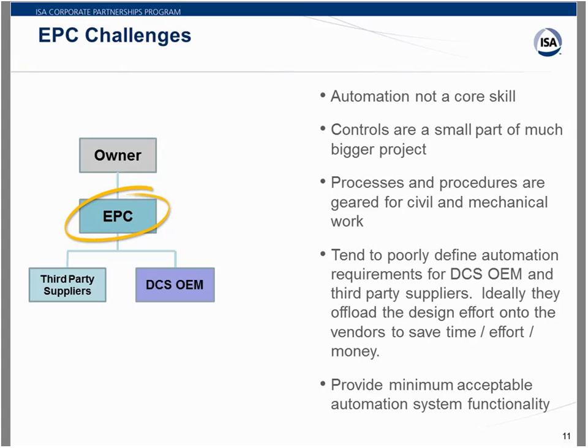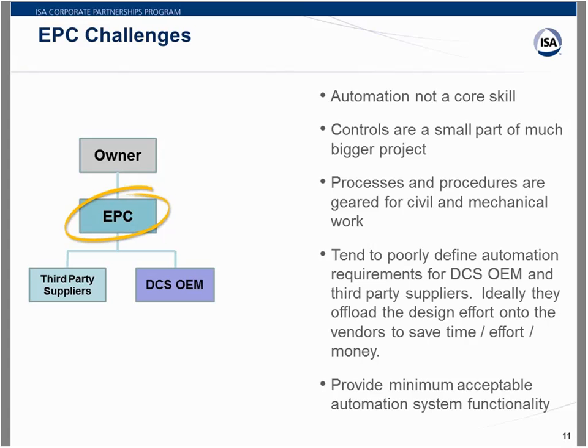They also tend to poorly define the automation requirements for the OEM, so the DCS vendor doesn't get a lot of specifics, and the same for the third-party suppliers. Ideally, from their perspective, if they can throw it over the fence and let the vendors handle the engineering, then their life is good, right? They don't have to spend a lot of money and time doing that, and they just let the vendors and the third-party suppliers take care of it for them.